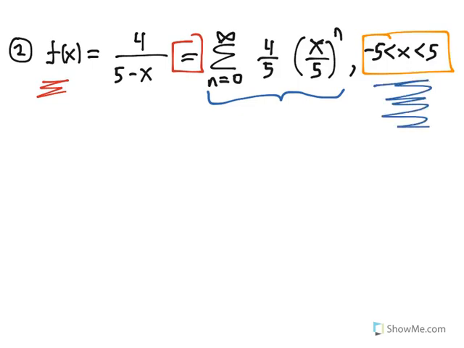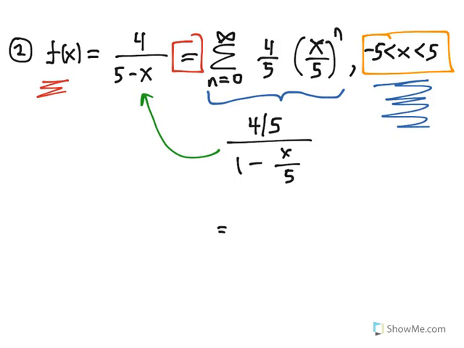It converges for these values of x with that formula. I can write a over 1 minus r, 4/5 over 1 minus r. And of course, we know that this is algebraically equivalent to our function. And again, it is in fact algebraically equivalent to our function.